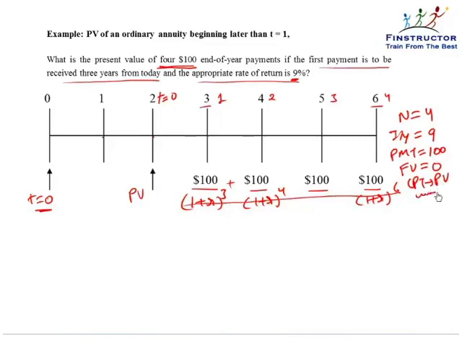Now this step, however, will not be the solution to the problem, because even though it will be the present value, it will be the value at t equal to 2. So as a next step, we would have to discount this value 2 periods back again and compute the value at t equal to 0. So first let's do the first calculation and compute the value at t equal to 2.